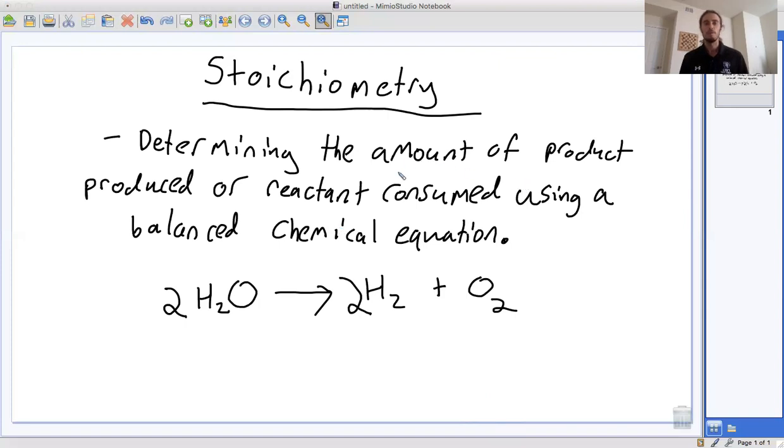There are many different types of stoichiometry questions you can ask, and it really comes down to the units for the amounts. So how are you expressing the amount of each of these things? We've got several options.